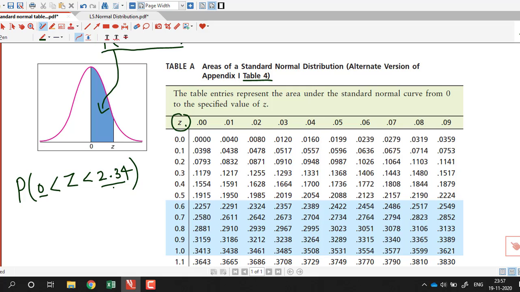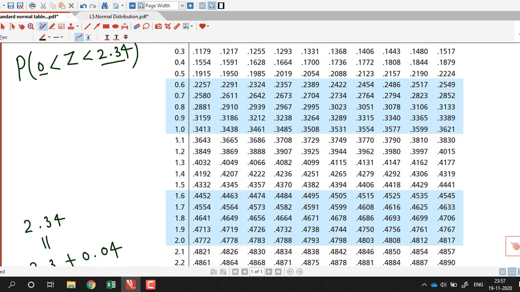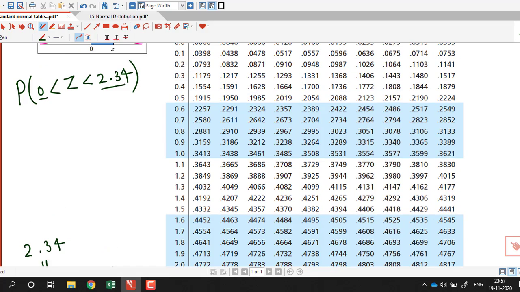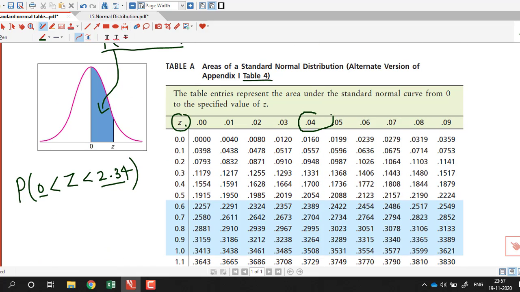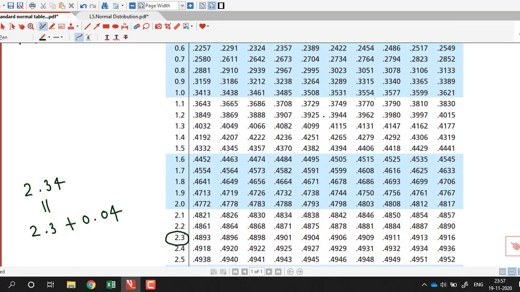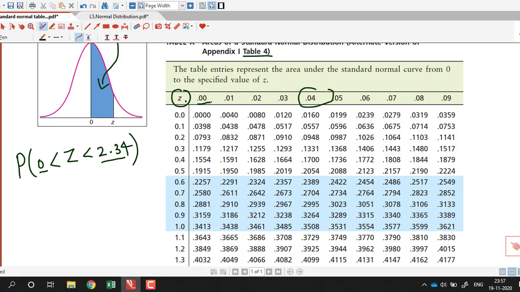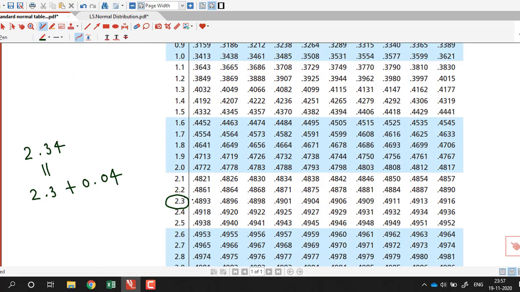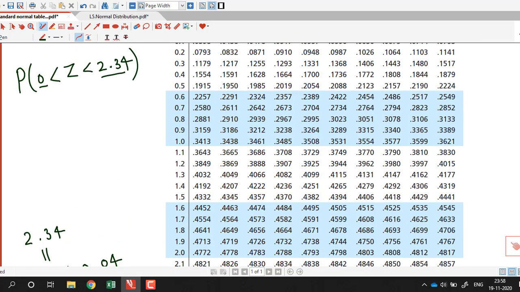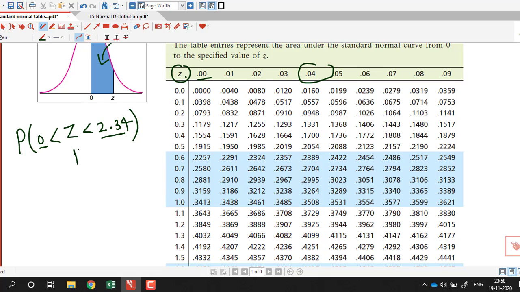So for 2.34 we concentrate on 2.3 in this column, and on 0.04 in this row, and these entries start from 0.00. I have to search for 2.3 and parallelly 0.04. This is for 0.00, this is for 0.01, 0.02, 0.03 and this is for 0.04. So the required area is 0.4904.